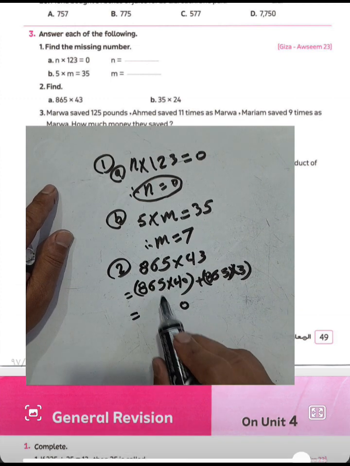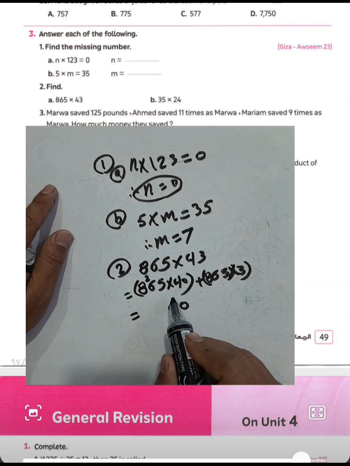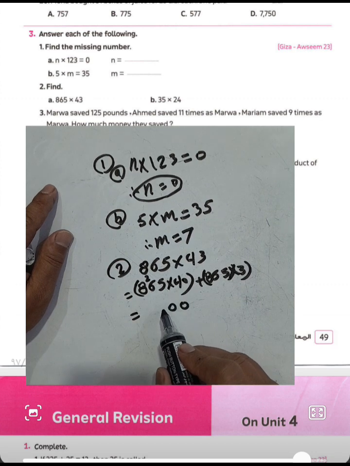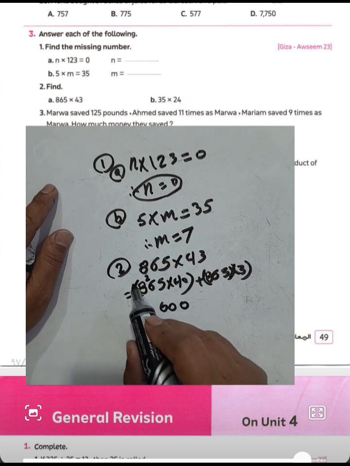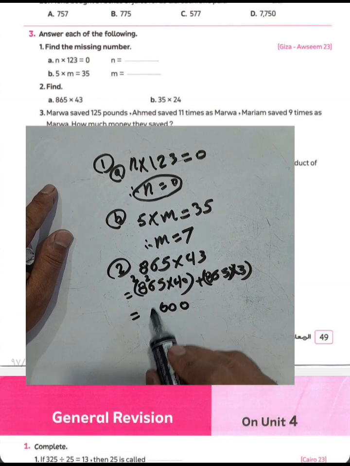Write 0 and 4 times 5 equals 20. Write 0 and carry up 2. 4 times 6 equals 24 plus 2 equals 26. Write 6 and carry up 2. 4 times 8 equals 32. 32 plus 2 equals 34.